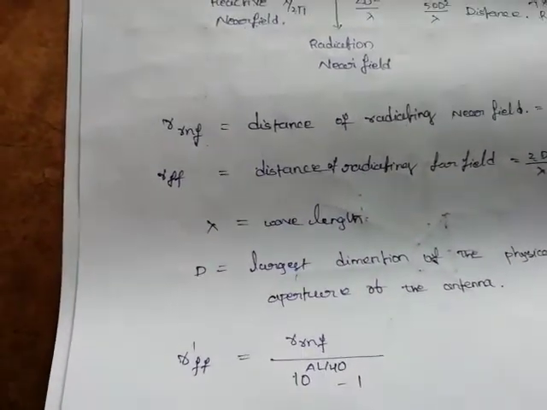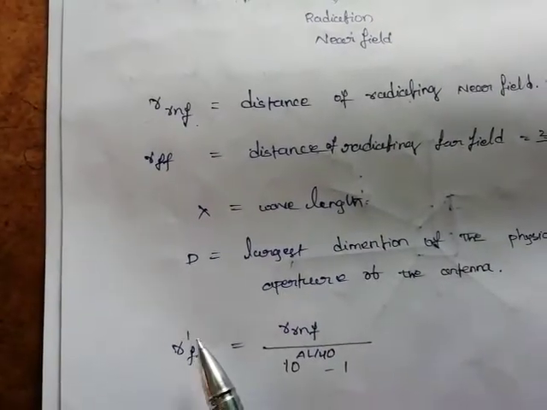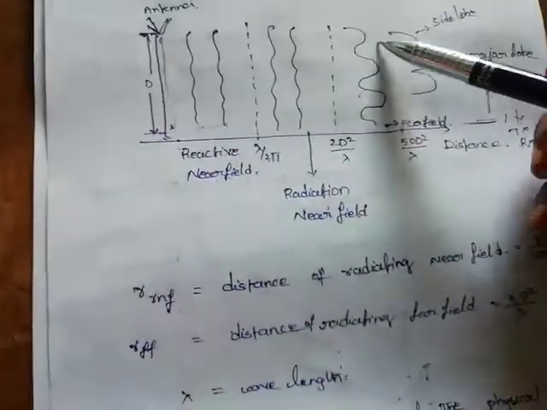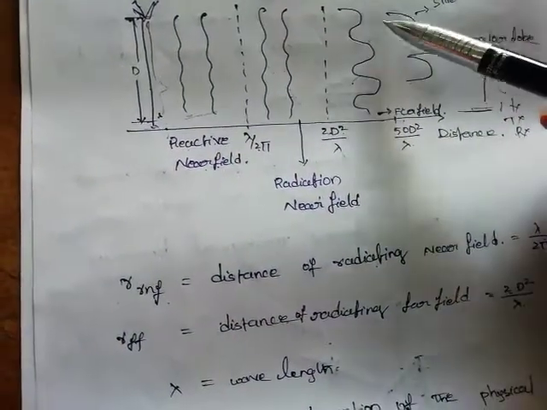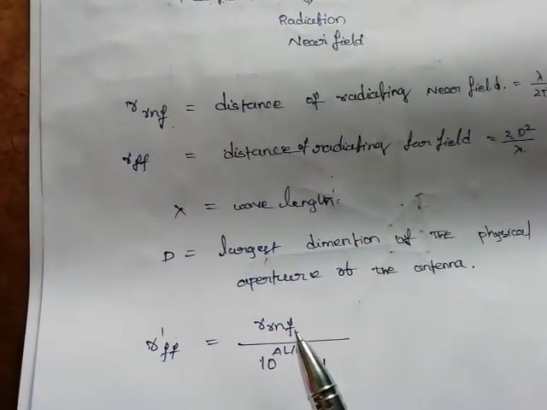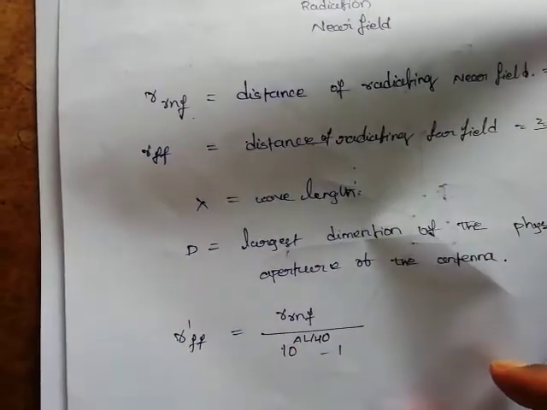Now, coming to the formulas, how are we going to calculate these? Where we have R dash FF, here we have the formula for the far field from the antenna under test: radiating near field by 10 to the power of delta L by 40 minus 1.